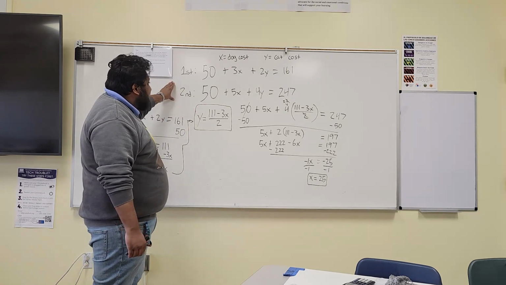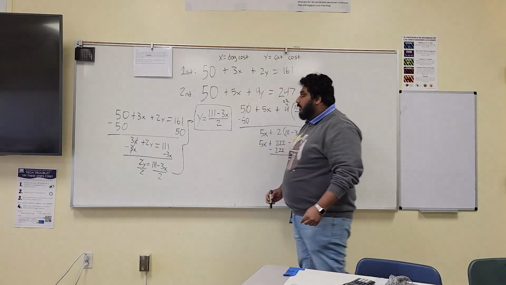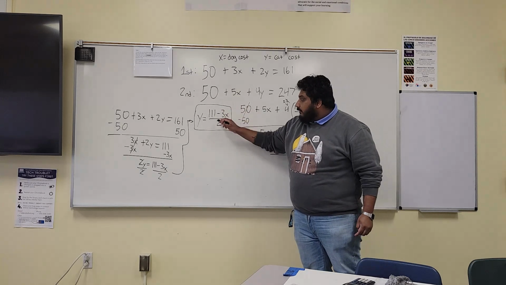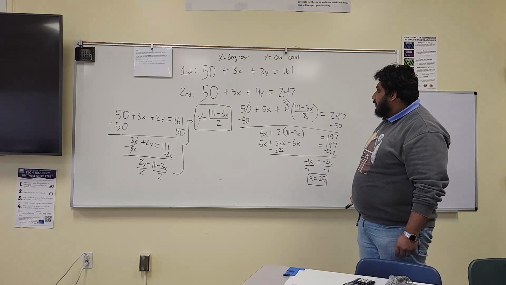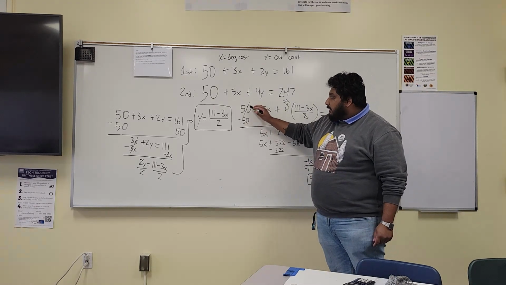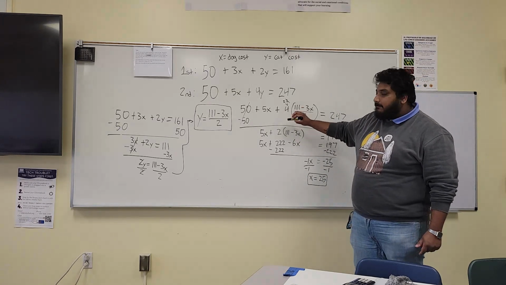We take our second equation and put in this value for where y is over here. We'll subtract the whole numbers on both sides, so we only have variables over here.